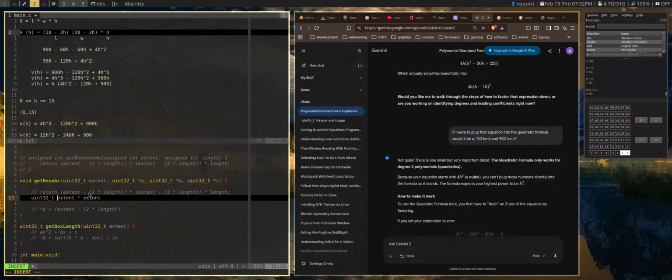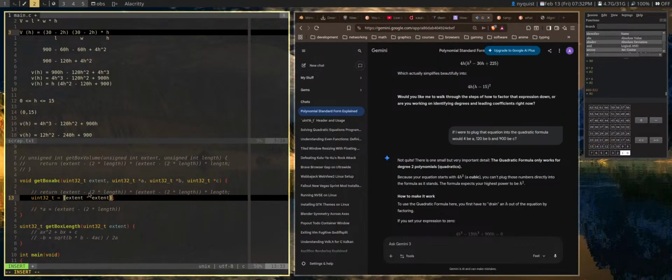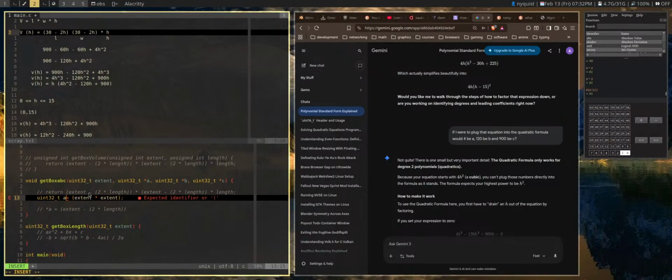I'm just using 32 type. So we already know this would be C. Right?